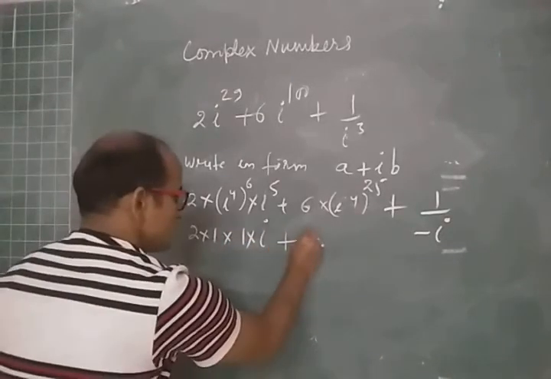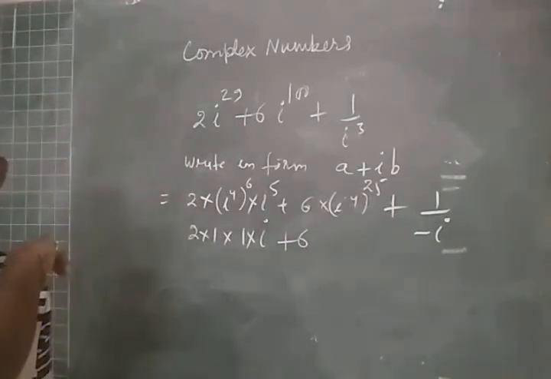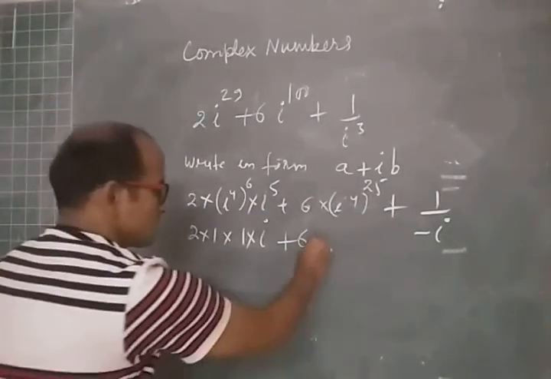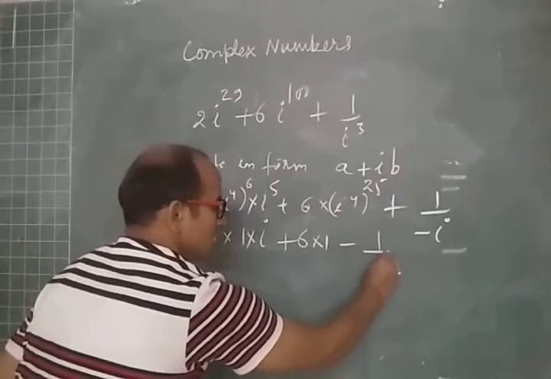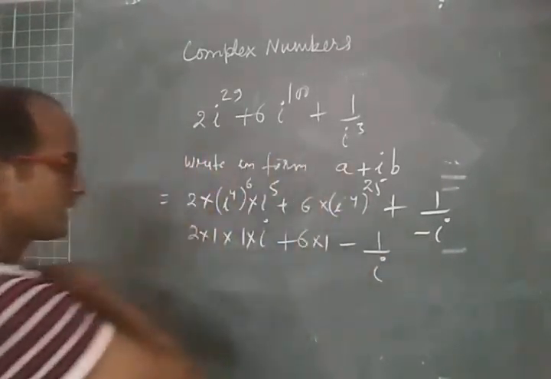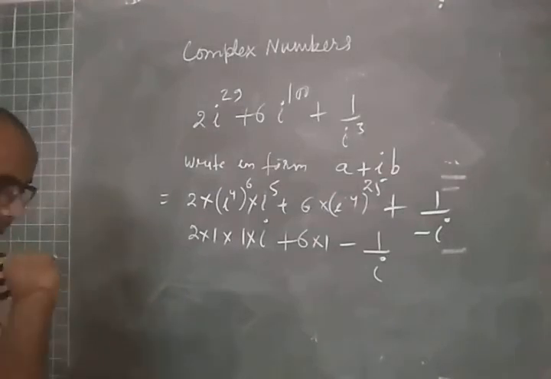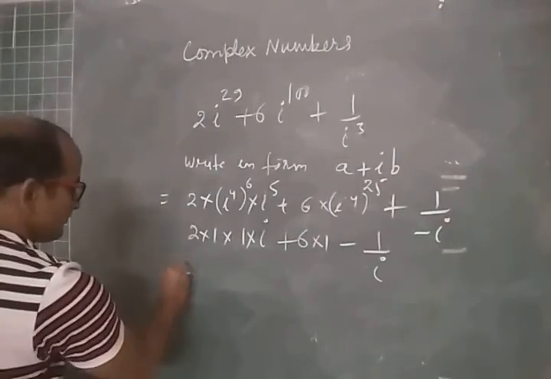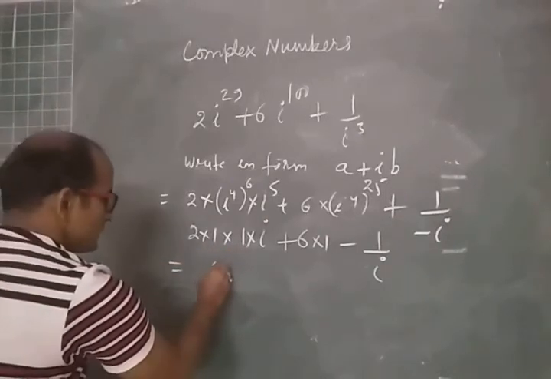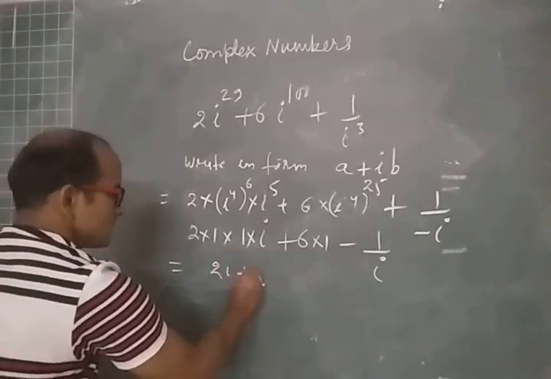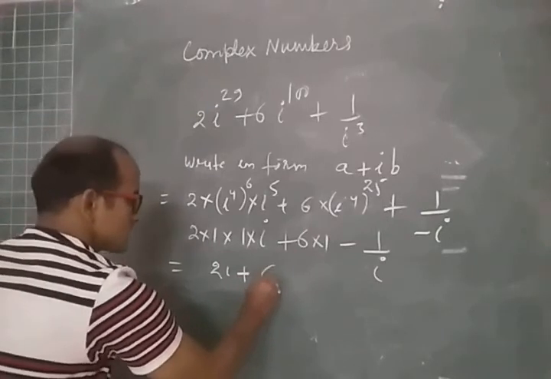Plus 6 into 1 raised to the power 25, which means 1. This is only 1, upon minus iota. So minus you can take it here. So see here, 2 into 1 into 1 into iota means 2 iota, plus 6 into 1, 6.